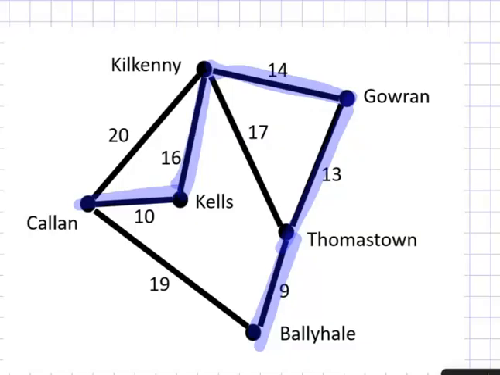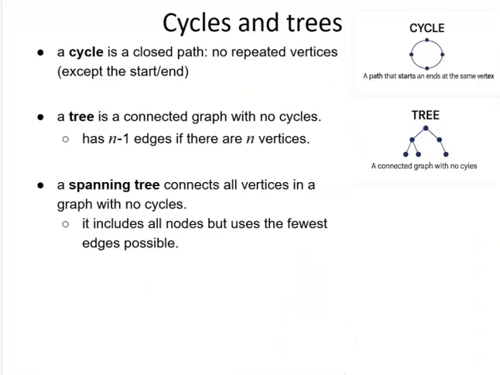It might be a message being sent by email, going through various different servers on a large internet network, and it takes milliseconds. So the cost actually isn't important, but it will get from Ballyhale to Callan. So the idea is to create a situation where you do not have a cycle.